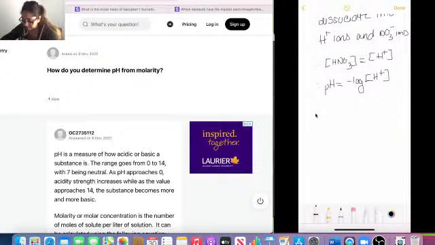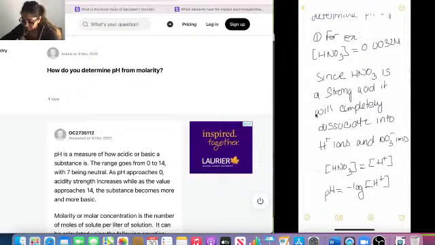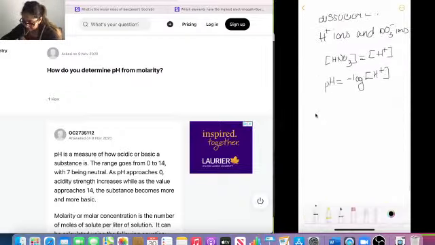So since the concentration of your initial nitric acid is 0.0032 molar, we can also say that the concentration of your proton, your hydrogen ion here, is 0.0032. Okay, and so if you compute this, you basically get negative log of 0.0032, and so I get pH is equal to 2.49, right?